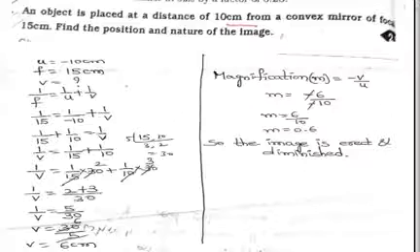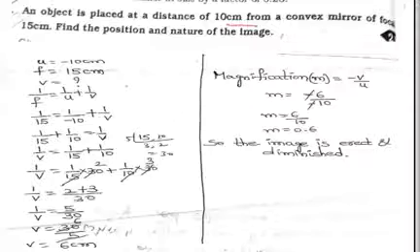Then what is the image distance v? Which formula shows the relationship between u, f and v? We have one formula: 1 by f equal to 1 by u plus 1 by v. This formula shows the relationship between focal length, object distance and image distance.